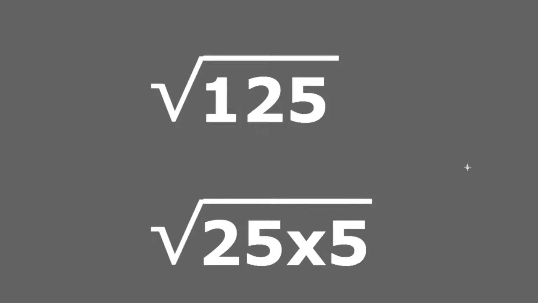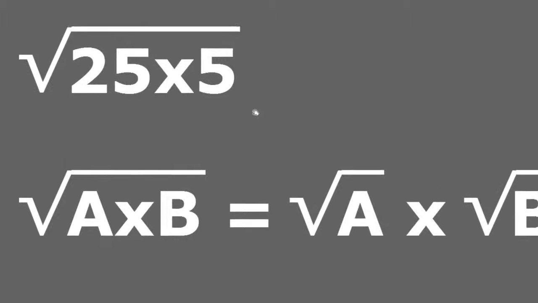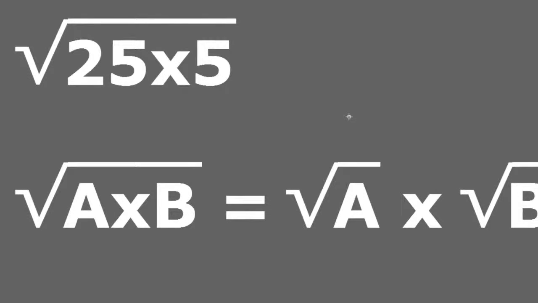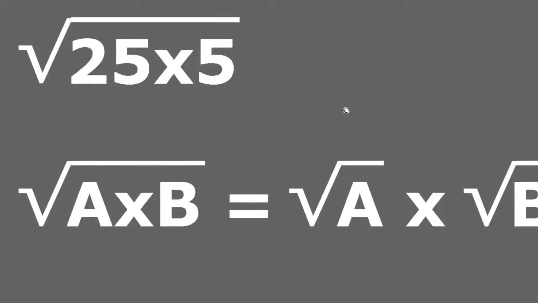What is the square root of 125? I can rewrite the 125 as 25 times 5. Now, there is a property of square roots, or any kind of root, where if you have two numbers being multiplied together in the radicand, that is inside of the radical sign, you can separate them into two radical signs being multiplied by each other.